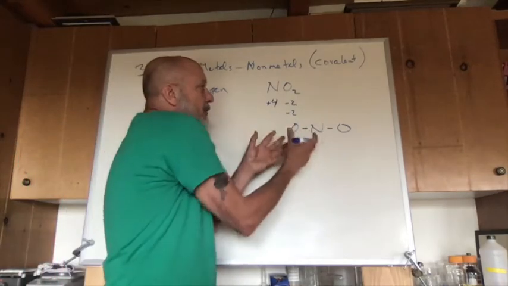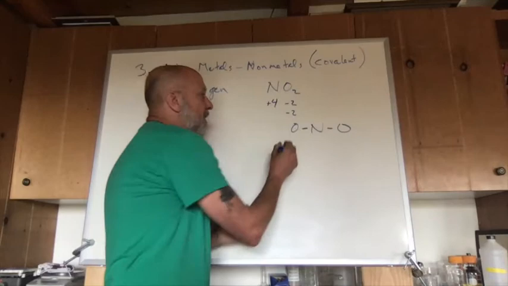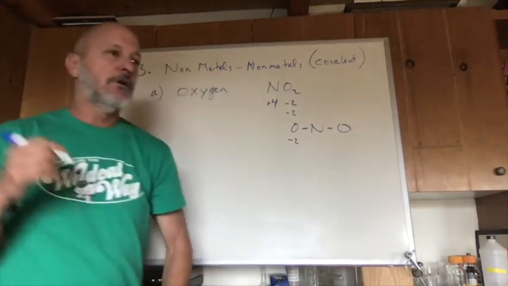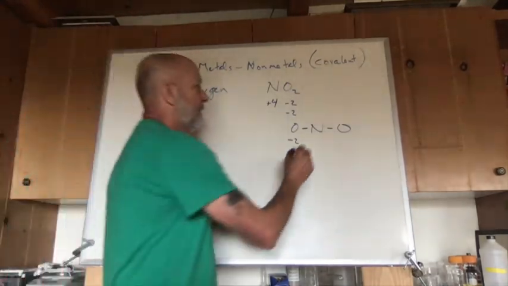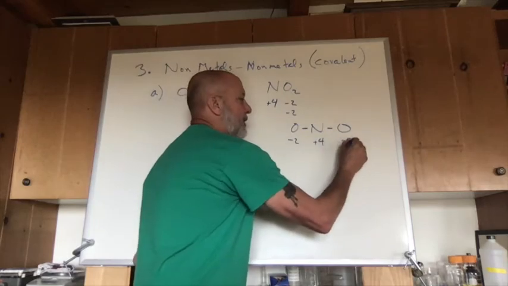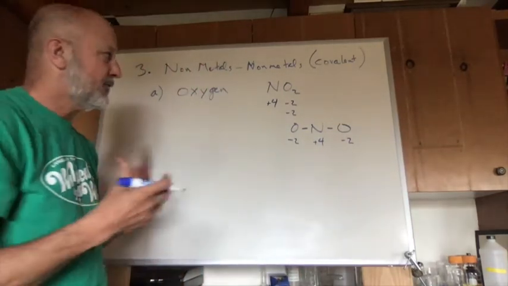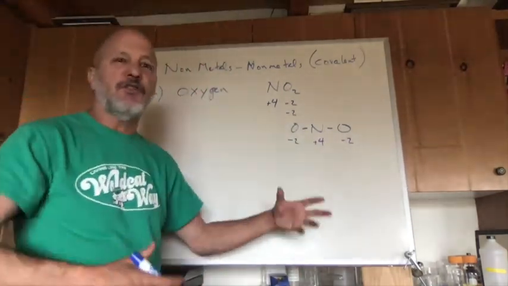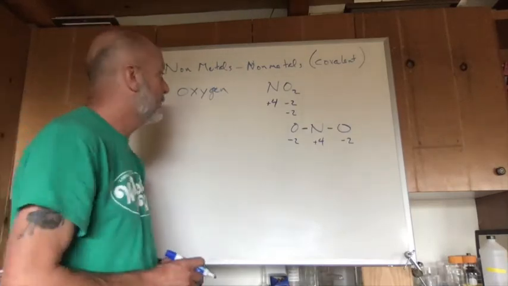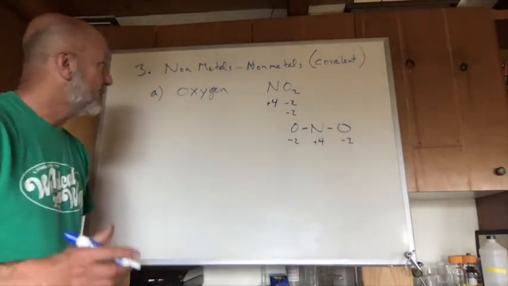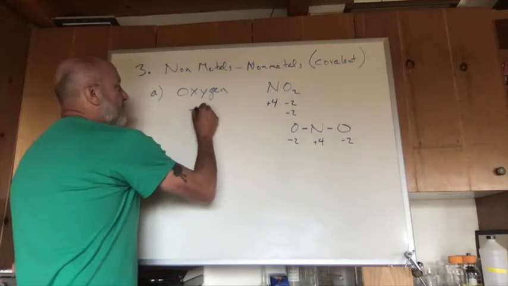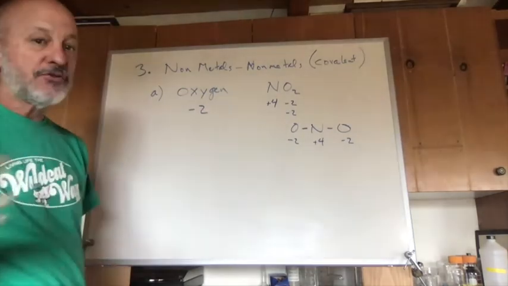It's just in this arrangement, we're giving the oxygen a -2 oxidation state. It's a bookkeeping situation, just to keep track of where the electrons are going, who's got more of the electrons than the other.